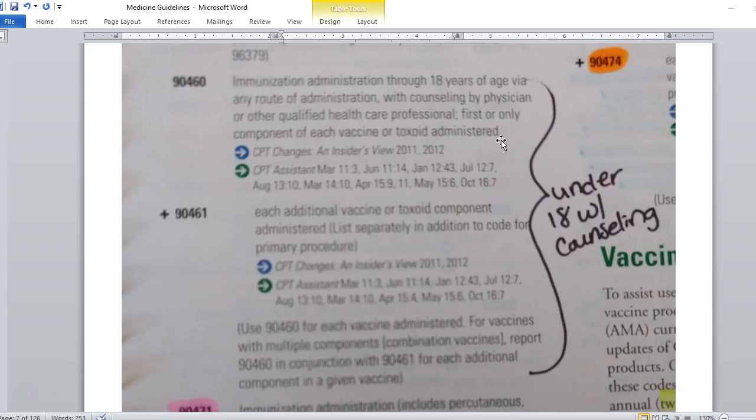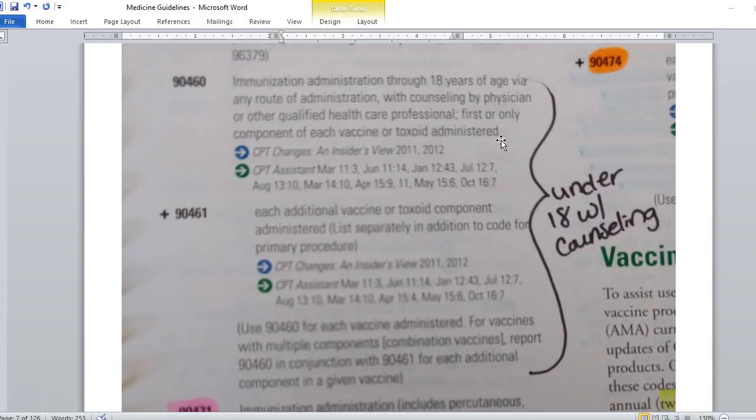And again, this is where the days or units becomes important because sometimes kids are getting 2, 3, 4 vaccines all at once, especially younger kids, between the ages of 2 months and 2 years, when children are coming in consistently to get properly vaccinated. So again, first one, each additional, you can use 90461 and you can times it by 2, 3, 4, however many additional vaccine administrations after the first one.